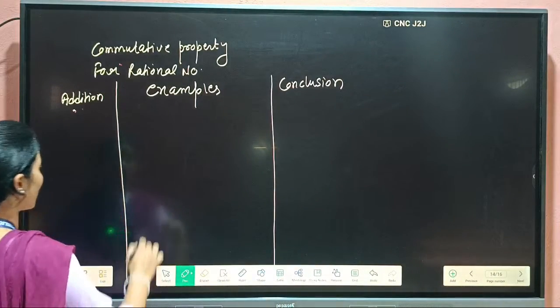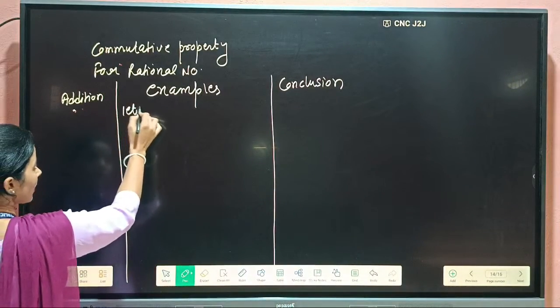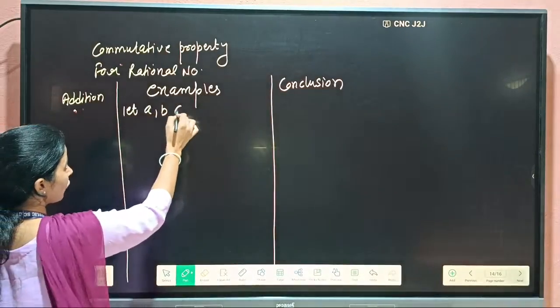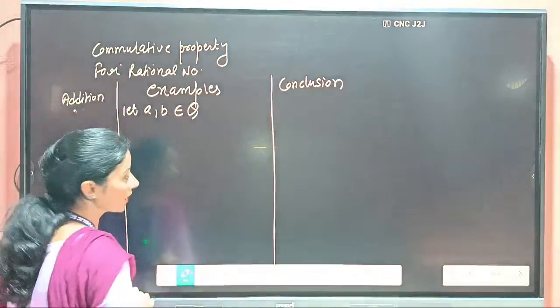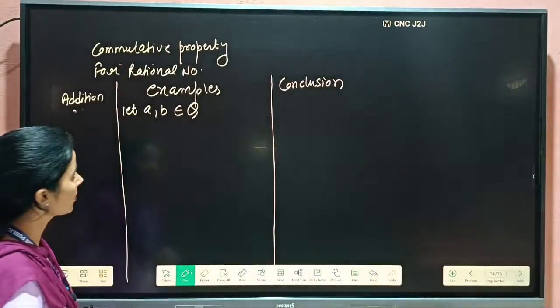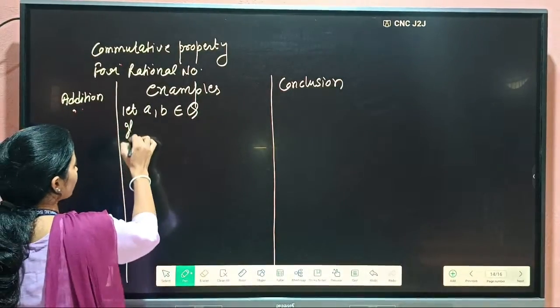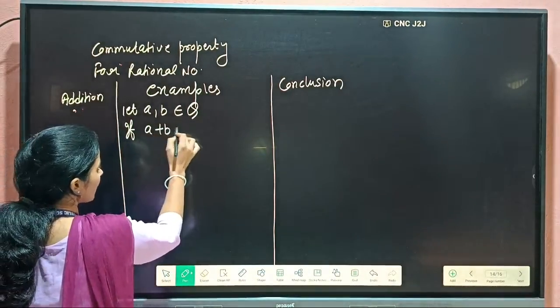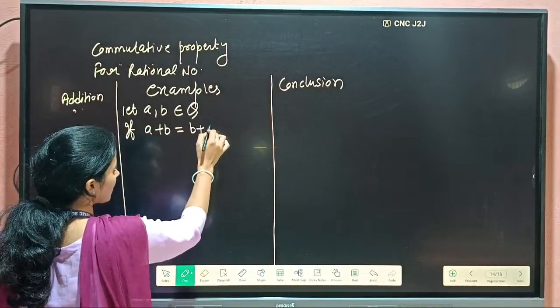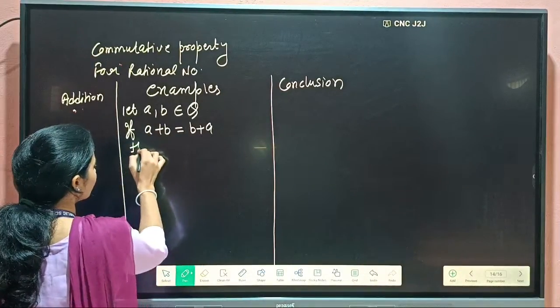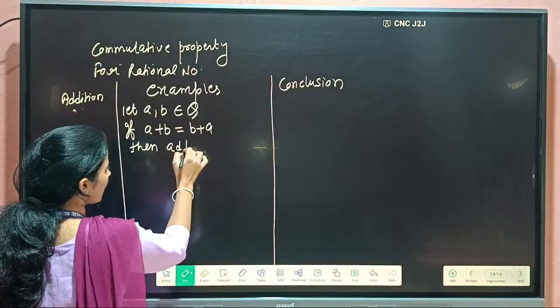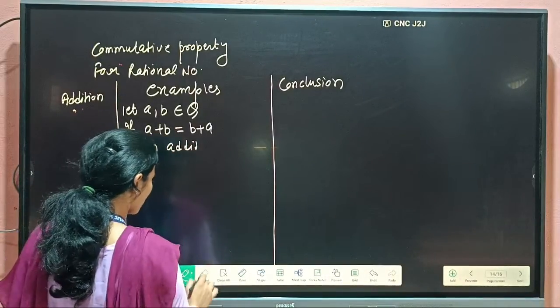Okay. Addition. This time we need to consider A and B from rational numbers. A and B must belong to rational numbers, and if A plus B is equal to B plus A, then we can say addition is, what we can say?